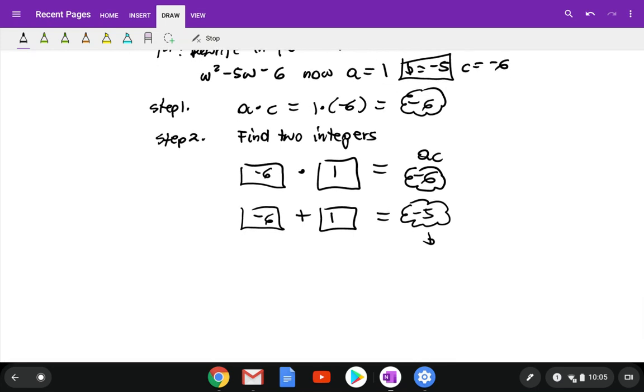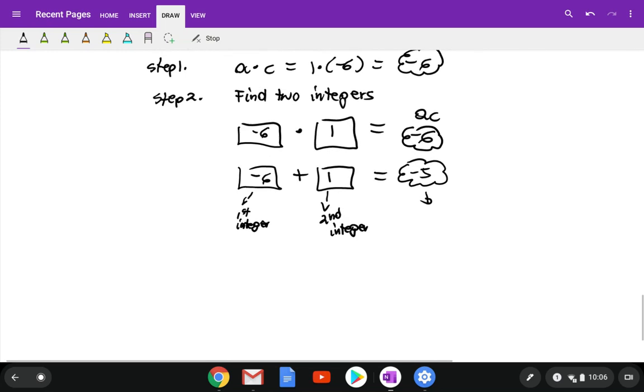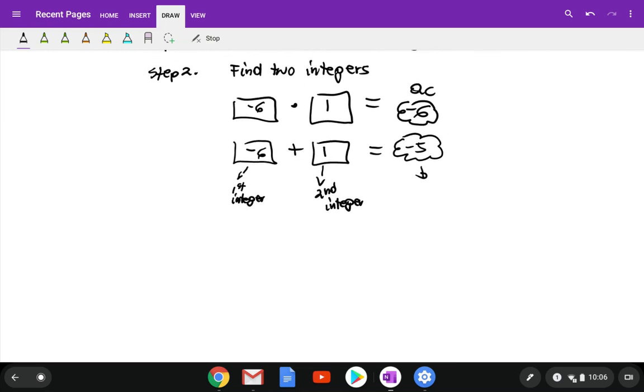Now, when you have those integers, I'll call this the first integer and this the second integer. You can move on to step 3: create factors.